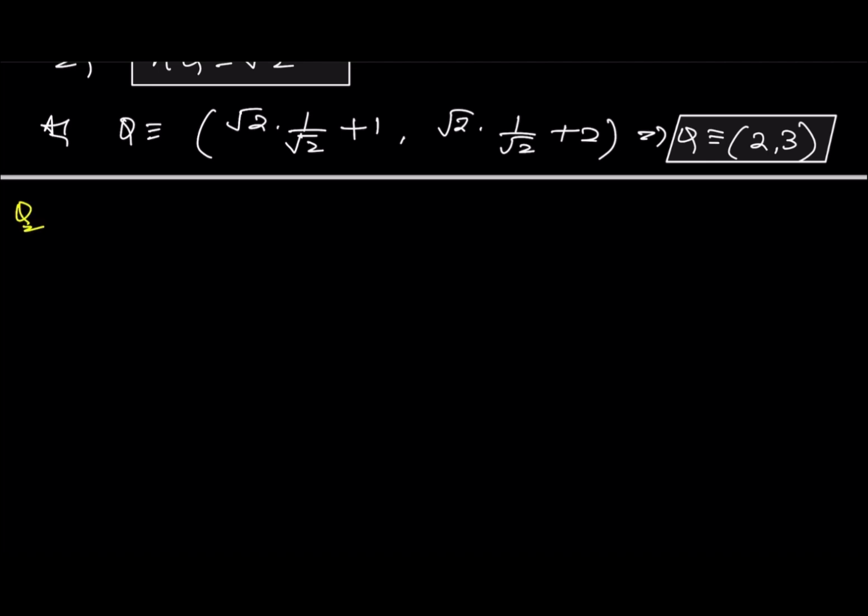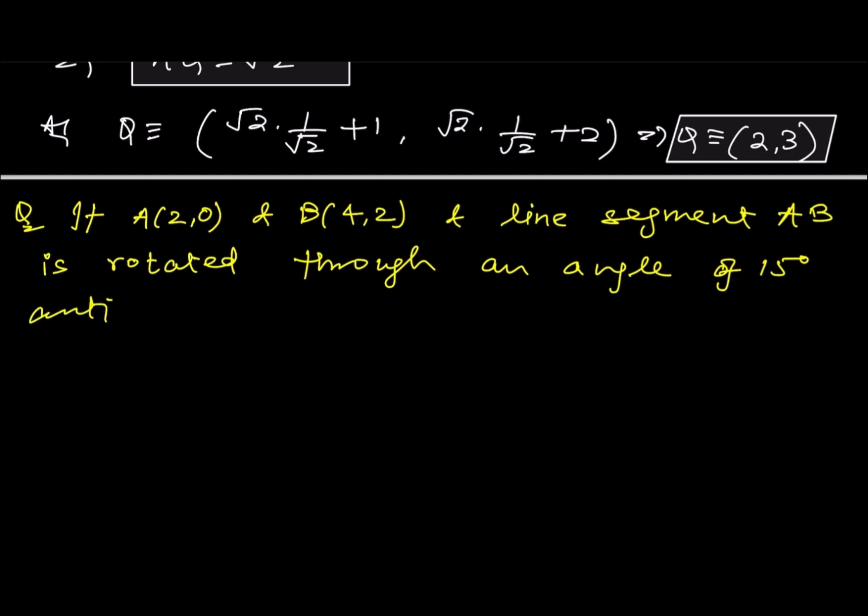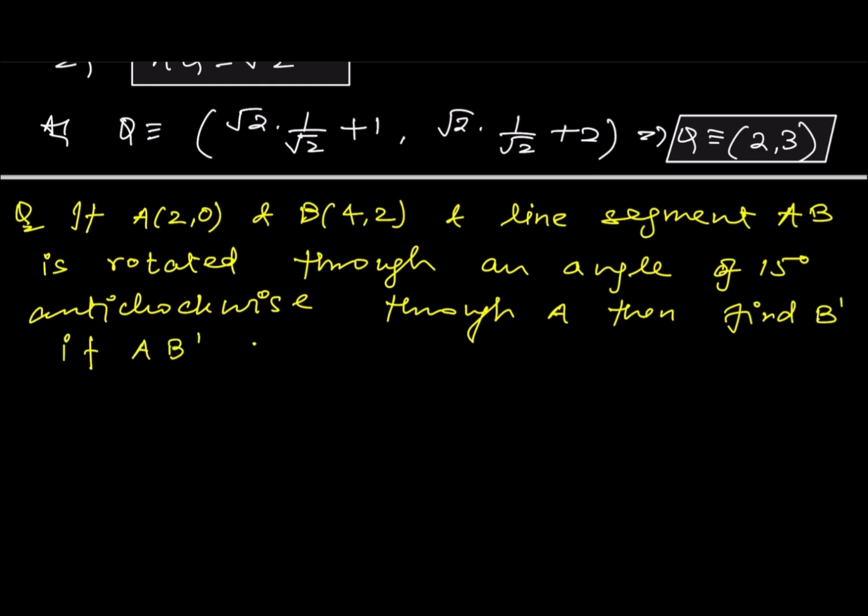Question is, if A is 2 comma 0 and B is 4 comma 2, and line segment AB is rotated through an angle of 15 degree anti-clockwise through A, then find B dash, if AB dash is the new line segment, right?